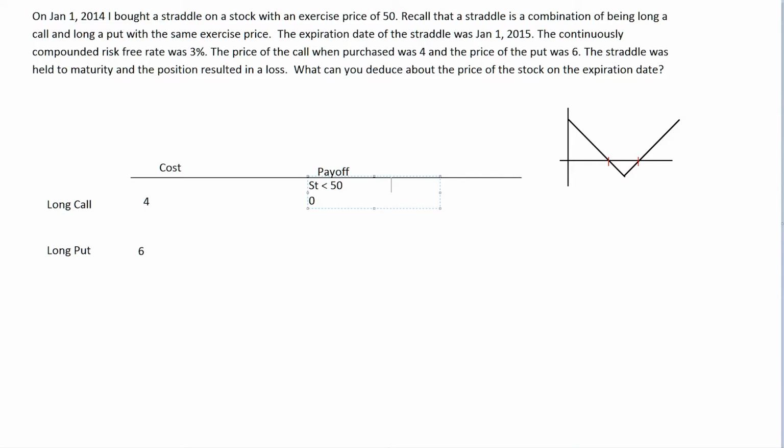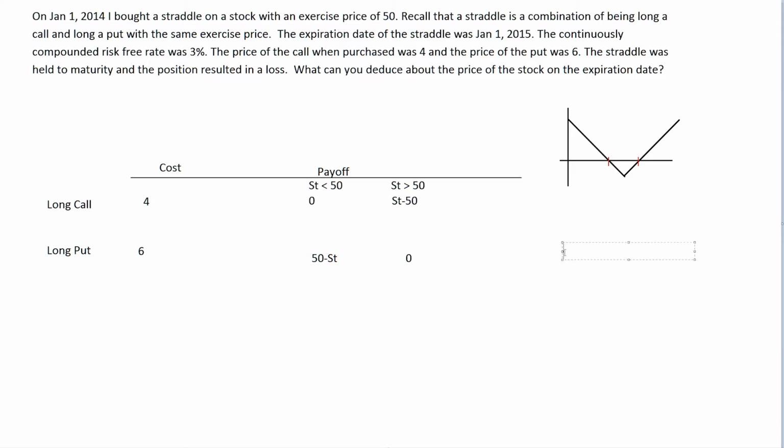And when our S_T is greater than 50, our payoff is going to be S_T minus 50. And then for the long put, our payoff is going to be 50 minus S_T. And if the stock was greater than 50, it would be 0.